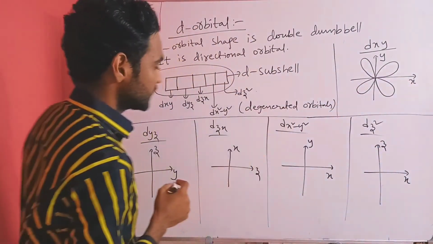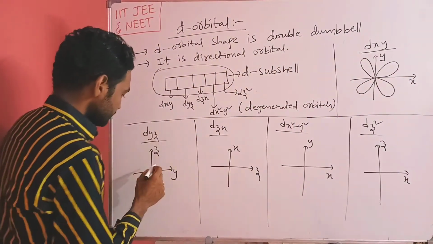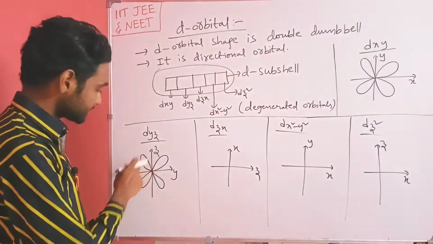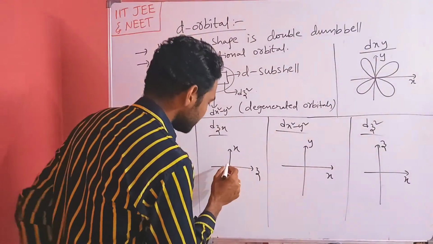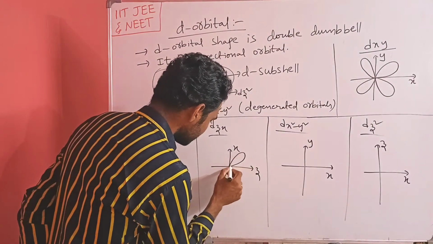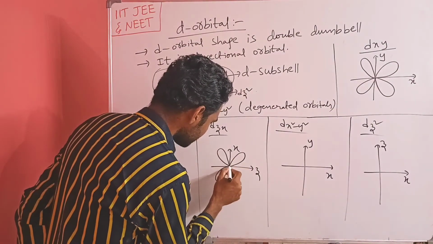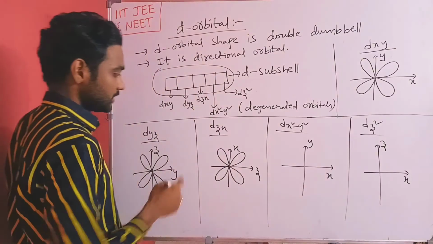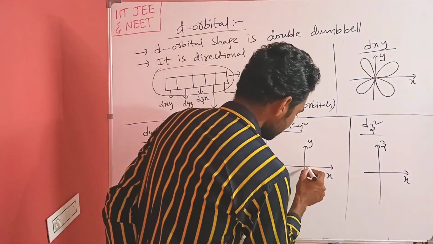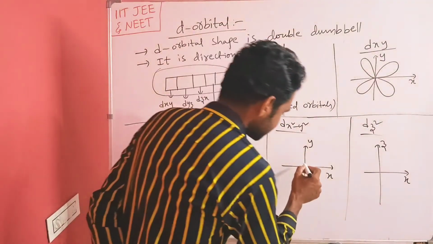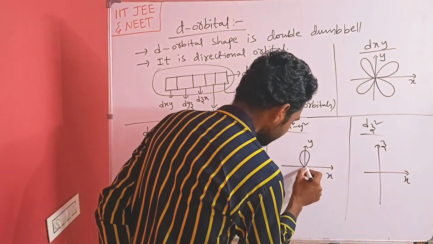Now dyz: the lobes are present between the axes. Now the dzx orbital: the lobes are present in between the axes. Now dx square minus y square: the lobes are present on the axes, that is the difference.